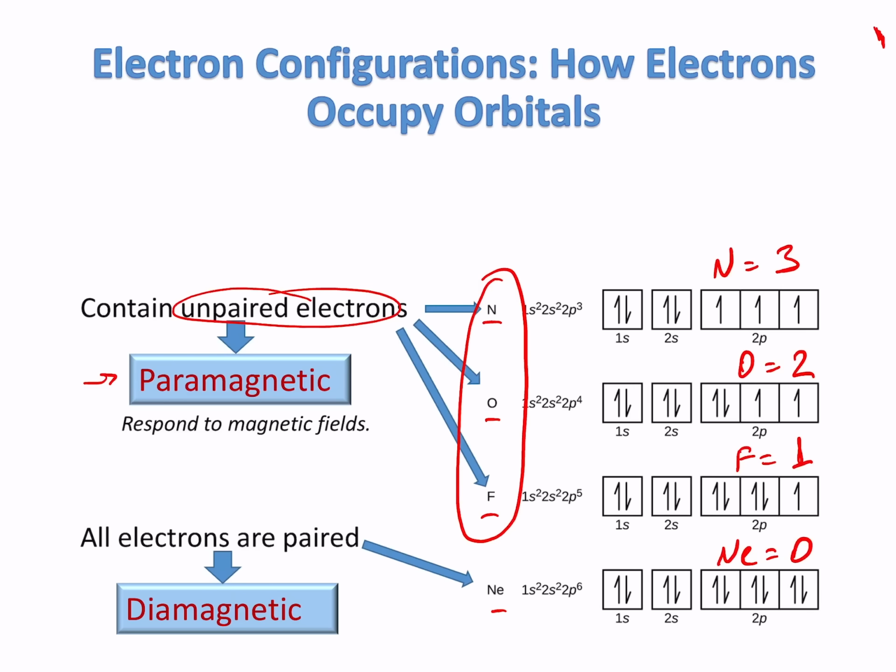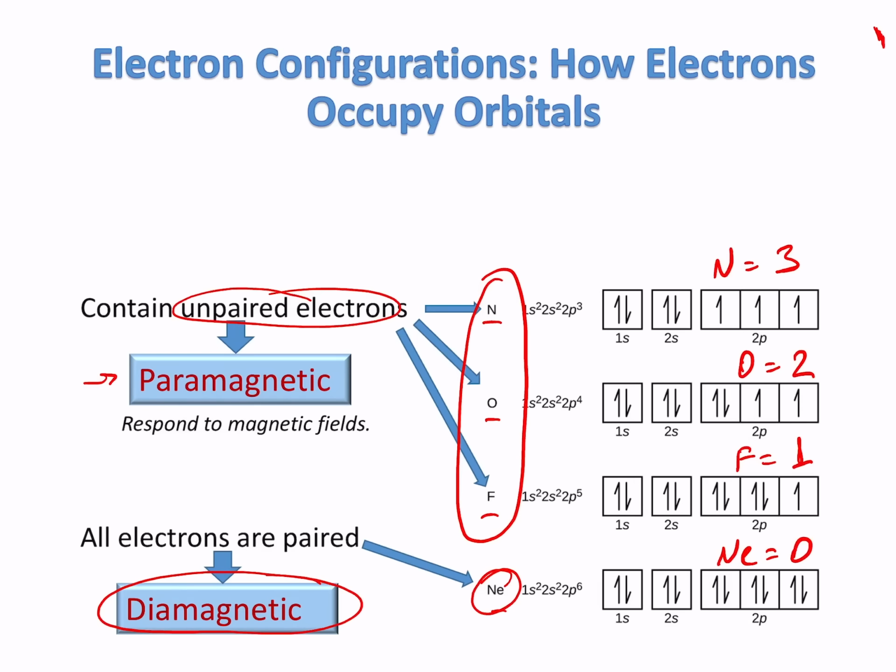But neon, in contrast, because all electrons are paired, is going to be diamagnetic. And diamagnetic means it will not respond to a magnetic field. You can put the magnet close to a gas of neon, and nothing is going to happen. It will not be attracted.